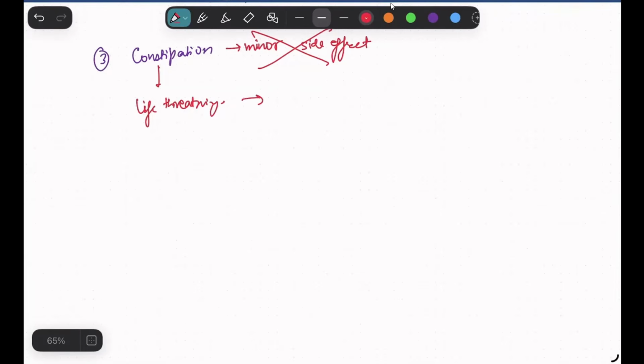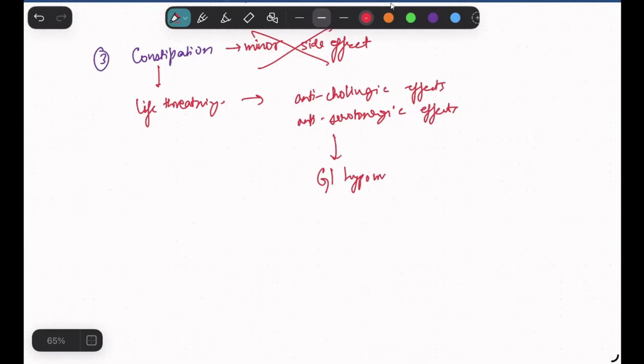Why does it happen? Because of the strong anticholinergic effects and anti-serotonergic effects, which can lead to severe GI hypomotility and constipation.